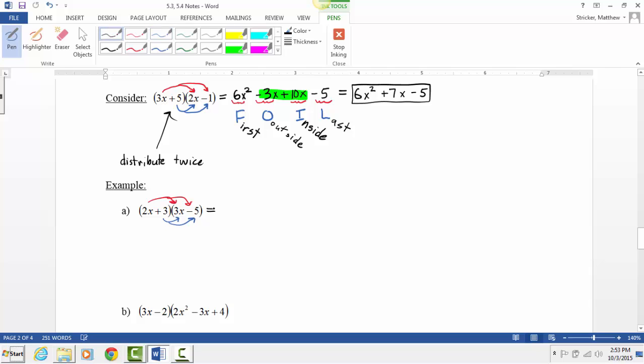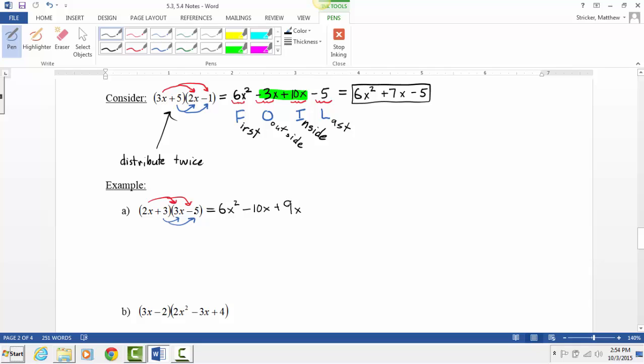So when I do that, first I have 2x times 3x. 2 times 3 is 6. x times x is x squared. And then 2x times negative 5, that's negative 10x. Then we move on to the second part. We have 3 times 3x, that's plus 9x.